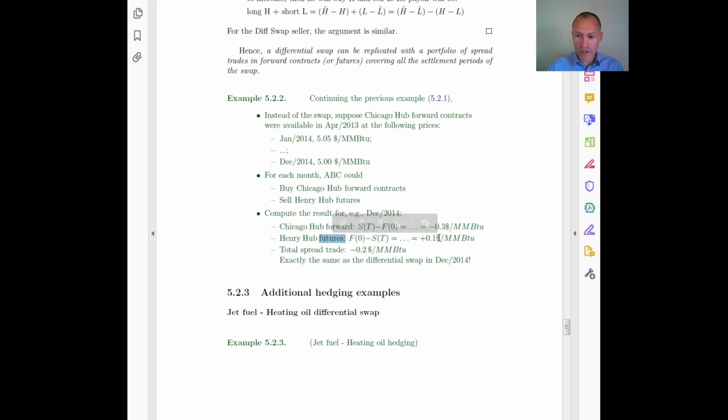The total from the spread trade would be this result here, and the net would give me exactly the same result as the differential swap that we had before. Okay, again, this is just to show that if I have forward or future contracts available, I can replicate a differential swap.